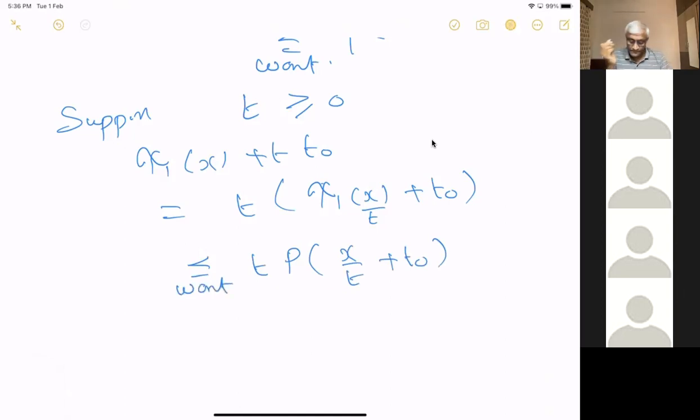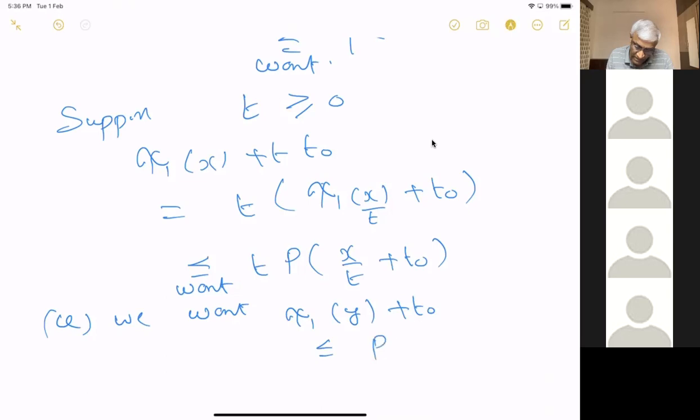I mean, we can replace this x by t by some y. That is, we want chi1 of y plus t naught, I mean, this t is positive so you don't have to worry, less than or equal to p of y plus t naught. Right? This is what we want. Because t is positive, this is okay. When t is positive, if this is less than this, since t is positive, this is okay.